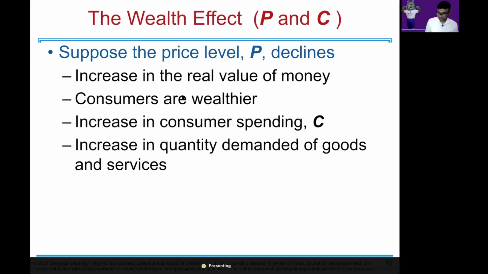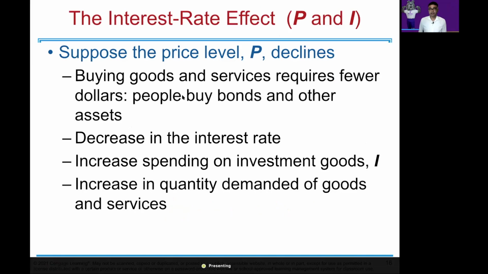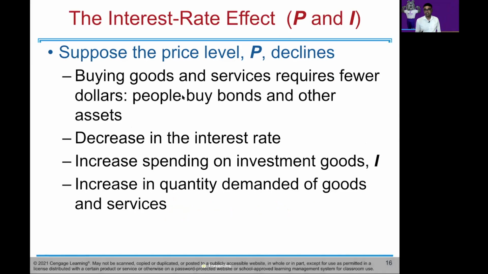The next one is the association between price and investment, which we call the interest rate effect. Again, suppose the price level declines, then buying goods and services requires fewer dollars.